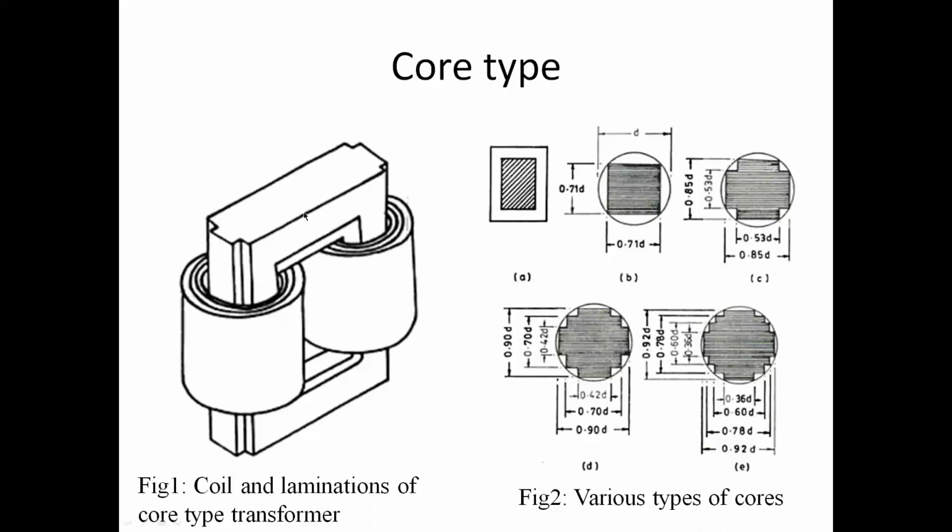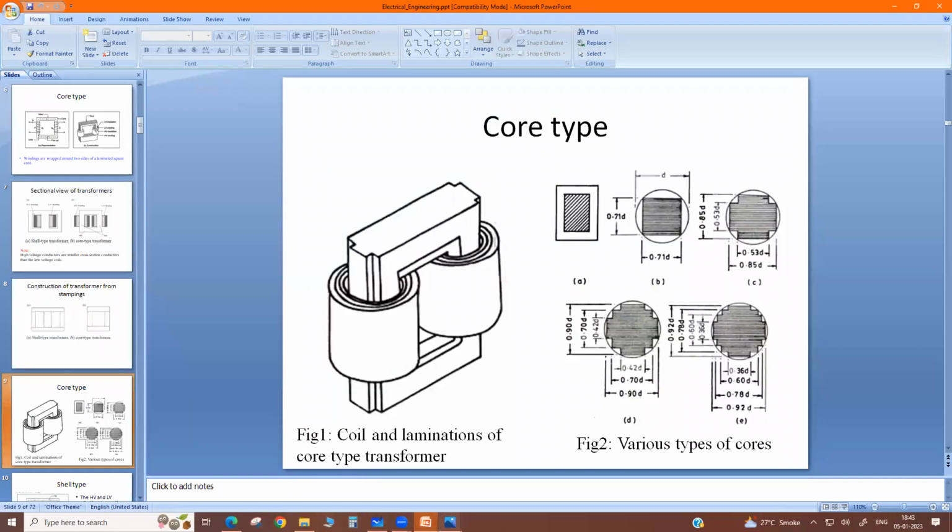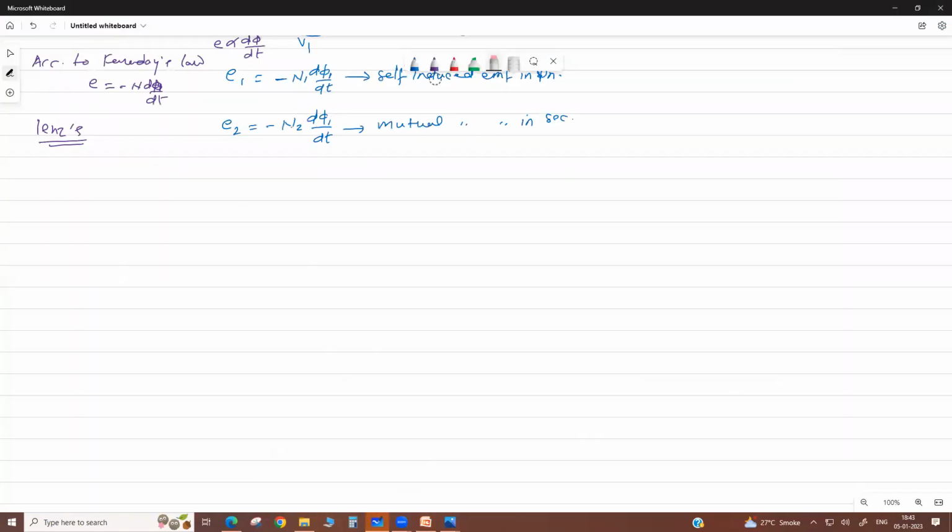Laminated means we use thin sheets to assemble this core. Like these are the plates. See here, a single plate like this, this first plate.